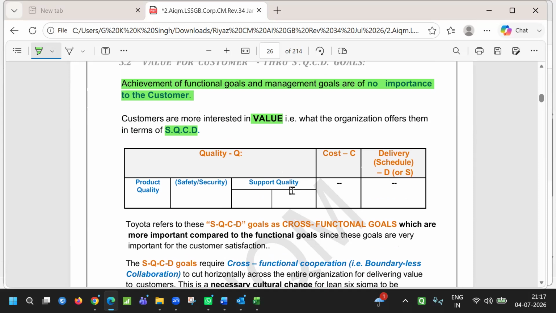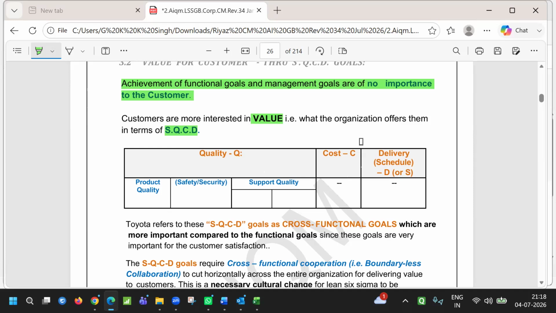So quality of support, that is service before and after the sale, quality of the product, safety, security of the customer, at what cost we deliver, and do we deliver on time, our schedule. That is D. So originally Toyota used to call this QCD. Nowadays this is modified to SQCD, that is safety, quality, cost, and delivery.